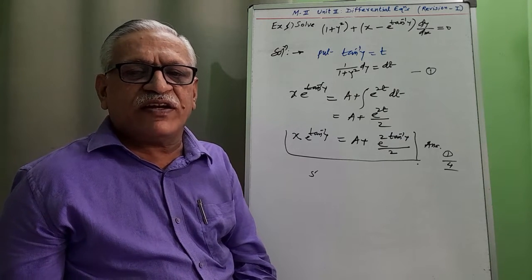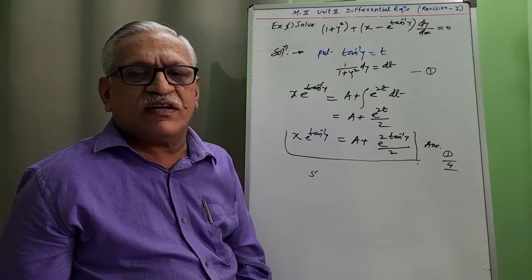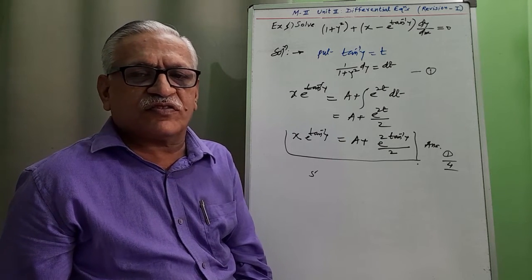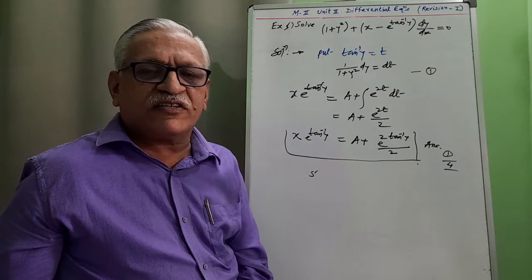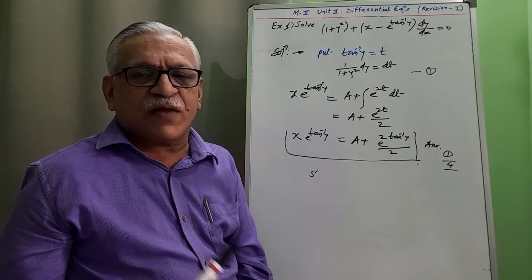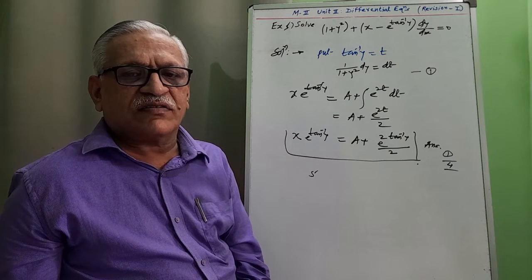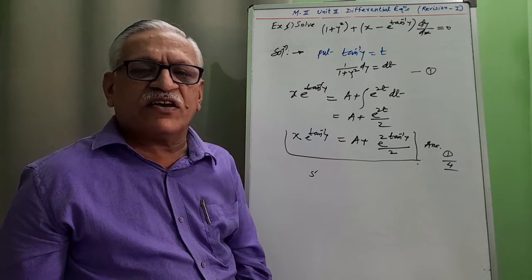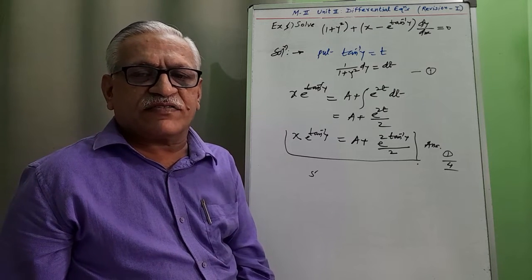And after identifying it, we have to apply the corresponding procedure to obtain the solution. In my next part, I will discuss some problems from the application of differential equations, either to electrical circuits or to mechanics.